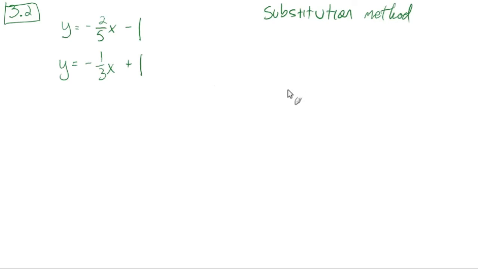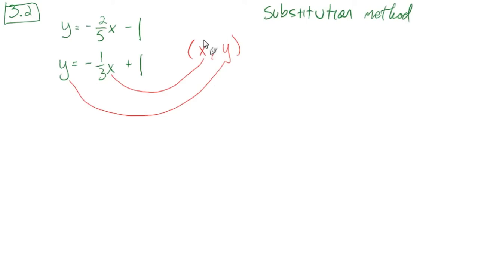And the substitution method, in order to explain what that means, follow along with me now. Remember that a solution to both of these equations is an x comma y, where you can take this x and put it in for that x, and put this y in there, and of course that'll be a solution. Both sides will be equal.